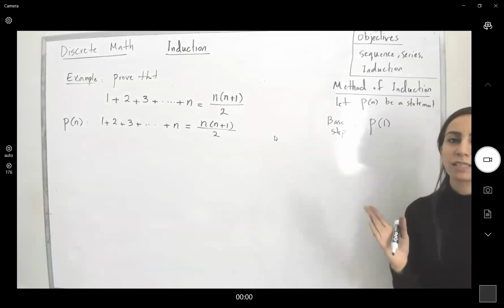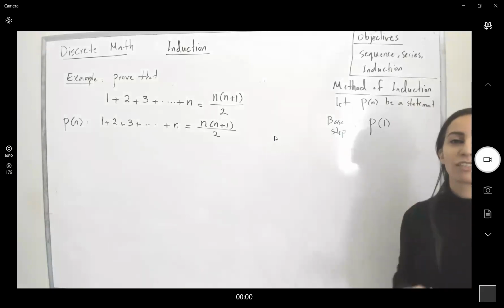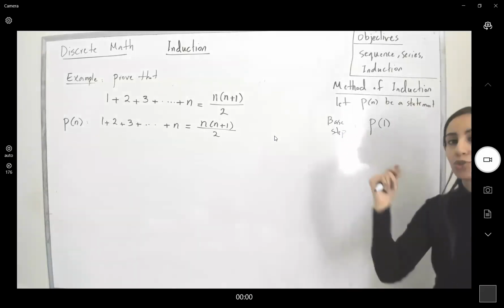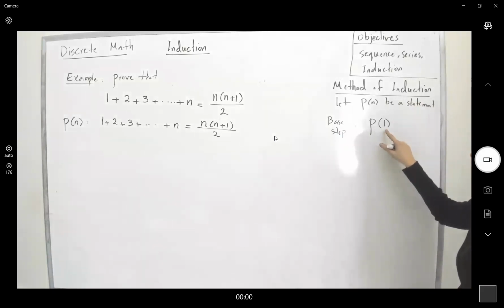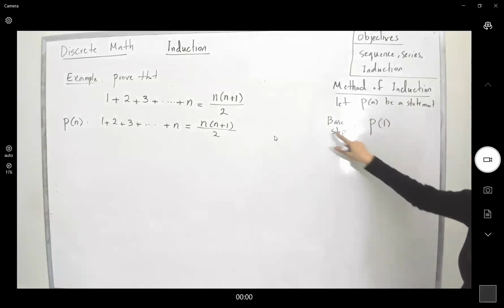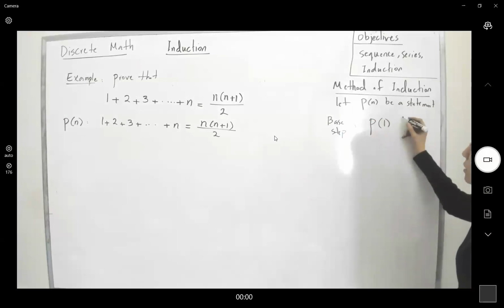If the question says your n is greater than or equal to 2, or greater than or equal to 3, you have to check P of 2 or P of 3. So be careful, what is your beginning number? In general, our base step is P of 1. You need to check that P of 1 is true.